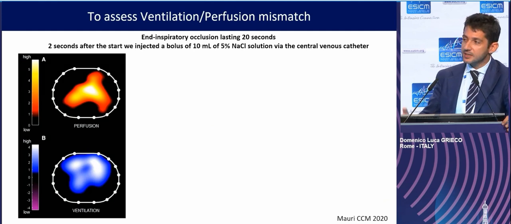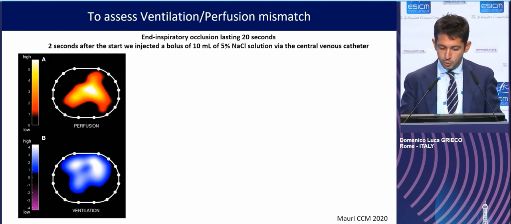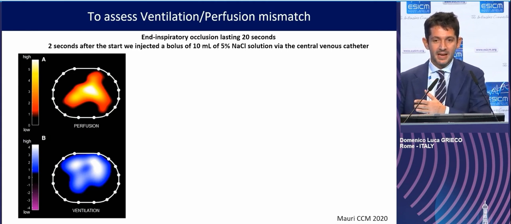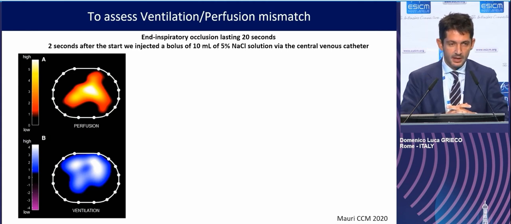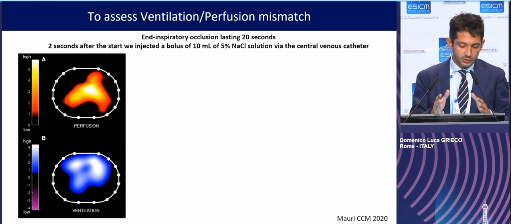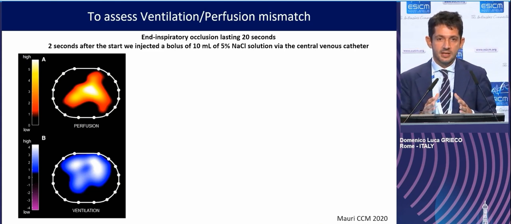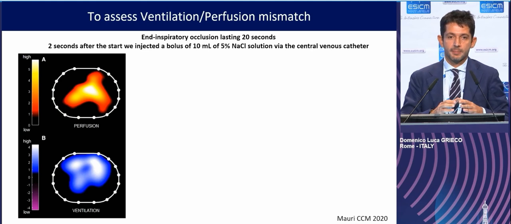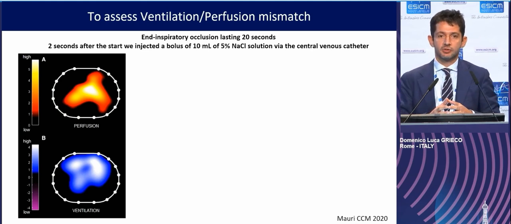But EIT can be used also to assess ventilation and perfusion and the balance between ventilation and perfusion. To do so, you just have to consider that the EIT is a tool that provides information about the overall impedance of the thorax.